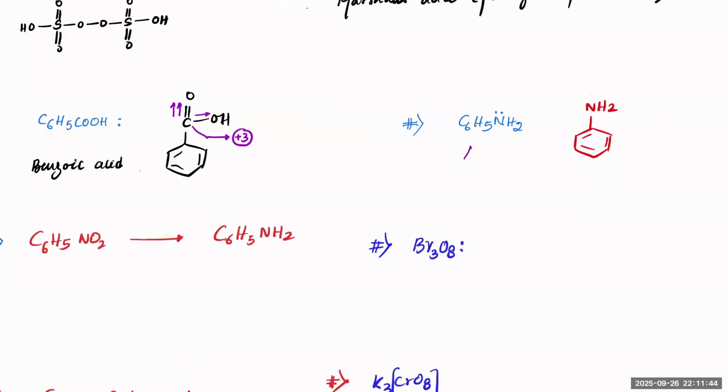Similarly, this is called aniline, an important organic base. So, same way, nitrogen will gain one electron from this carbon and gain two from two hydrogens. So that makes it -3 oxidation state. Okay. So in aniline, nitrogen has -3 oxidation state.